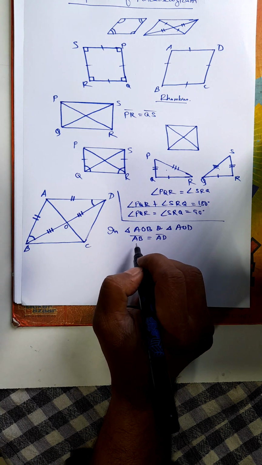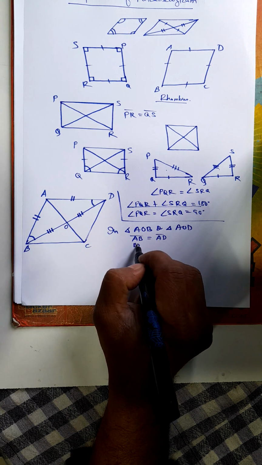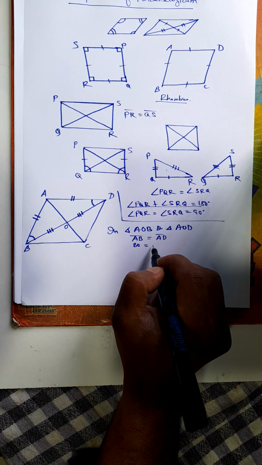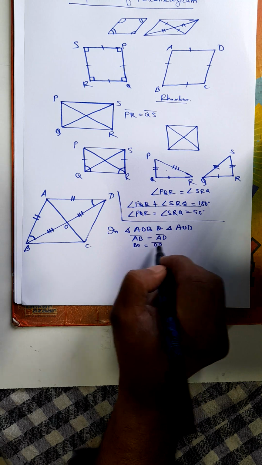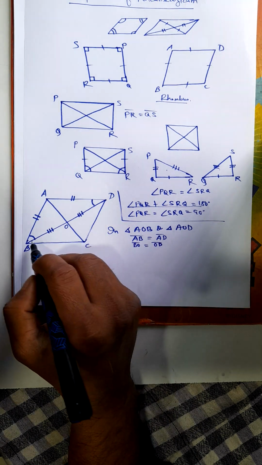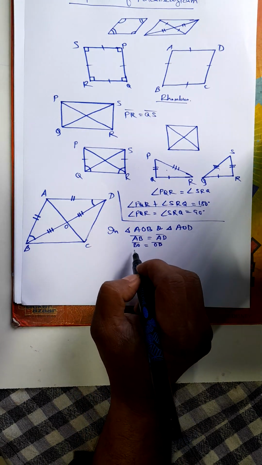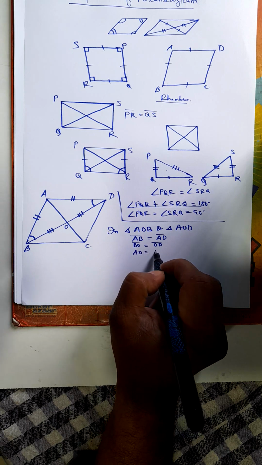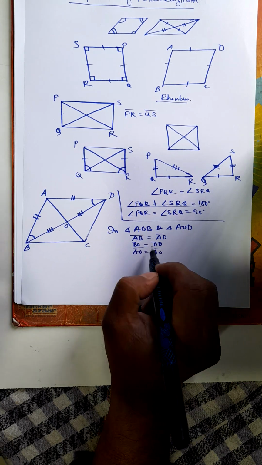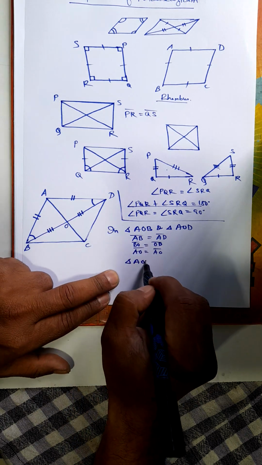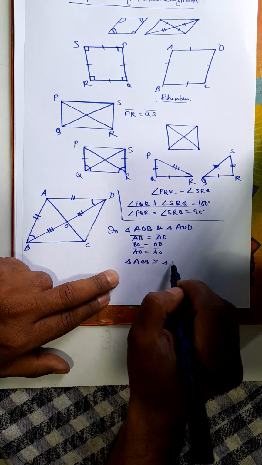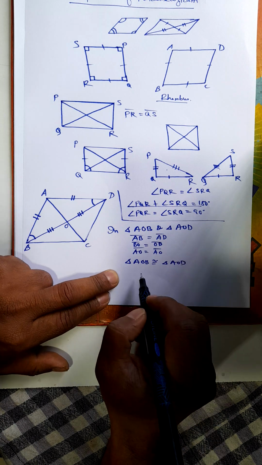Then you find BO equal to OD, right? Diagonals of a parallelogram bisect each other. Then AO equal to AO, common side. Therefore these two triangles are congruent. Triangle AOB congruent to triangle AOD, right?